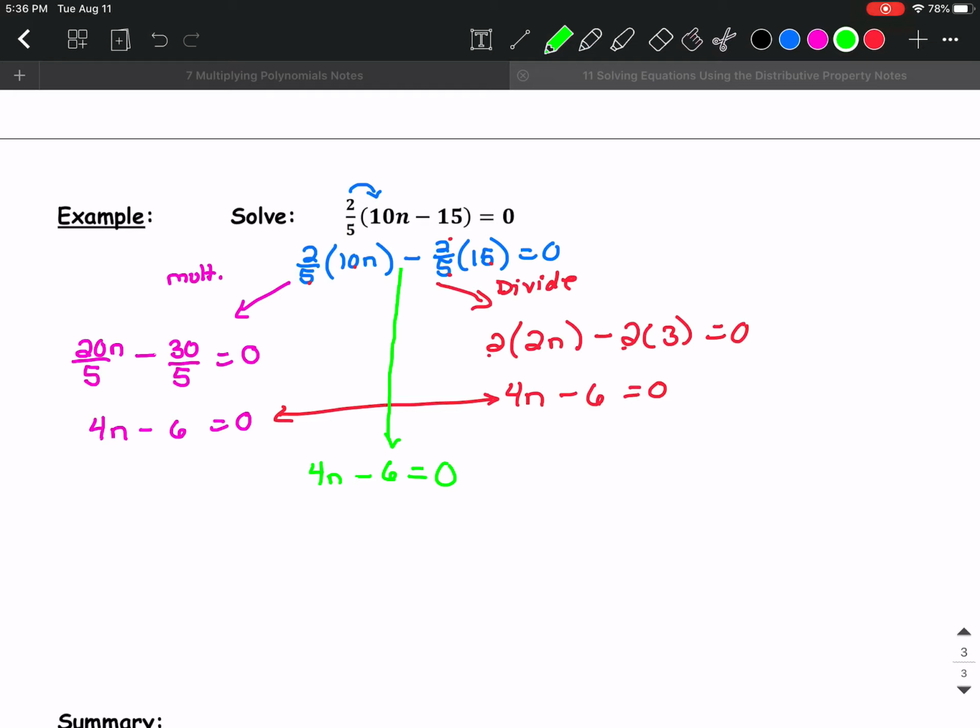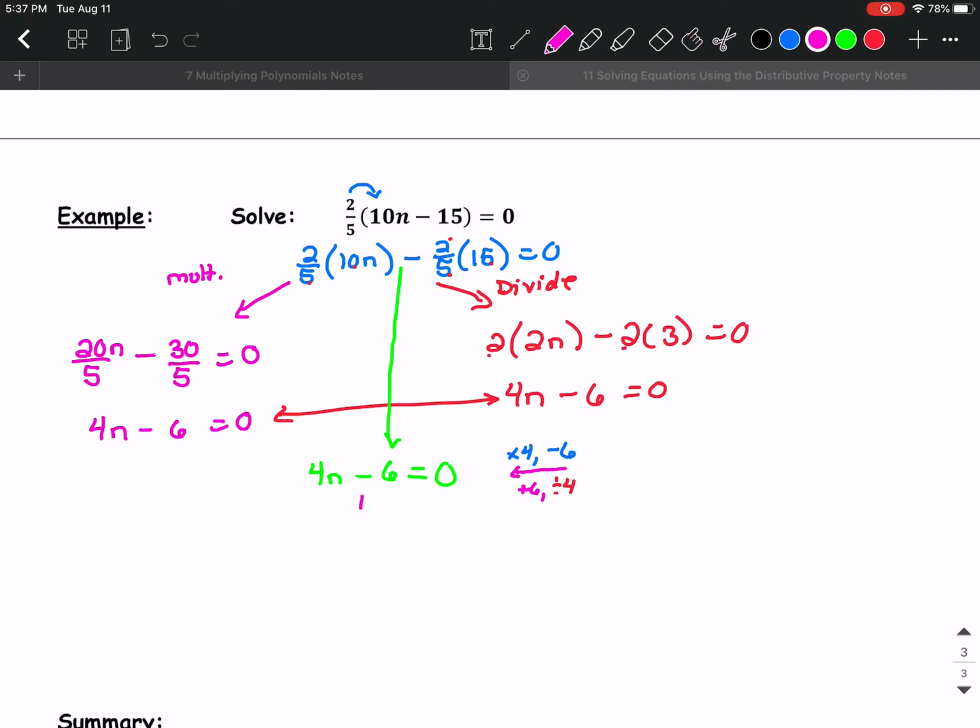Now that we're at this place, we stop and say, okay, wait a minute, let's think. If I was plugging a number in for n, first I would multiply by 4, then I would subtract 6. So if I'm going to do the opposite operations, I'm going to add 6, and then divide by 4. So here we go.